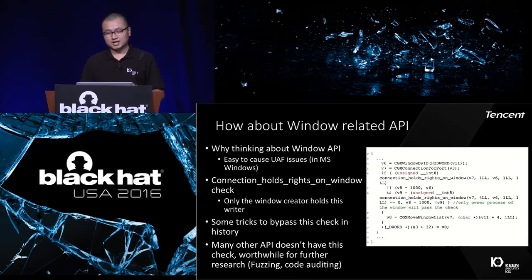This check actually only allows the window creator or the window owner to hold this permission. And if you are not, then you are blocked by this check. In history, I think there were many tricks to bypass this check, but now it's harder. Another thought is that many other window-related APIs don't have that check, so it is very worthwhile for further code auditing or fuzzing to find a more interesting bug.